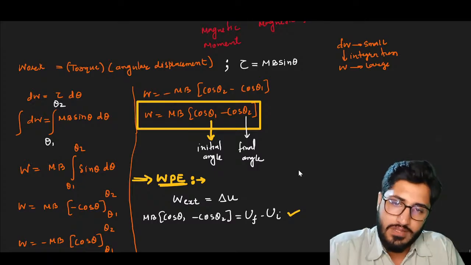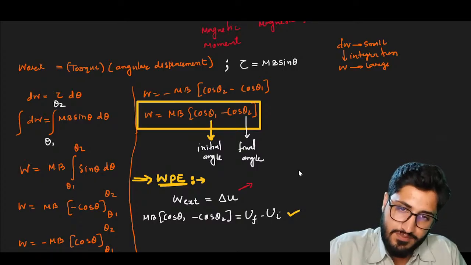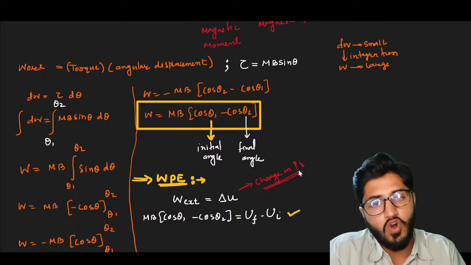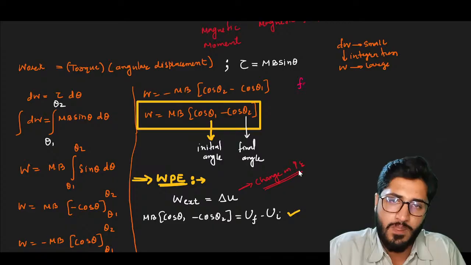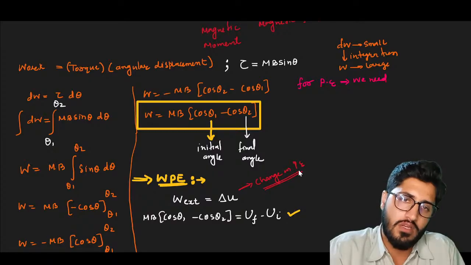Okay. So this particular thing is the change in potential energy. If you want the potential energy, I will write PE, which means potential energy. We need to specify a reference point.